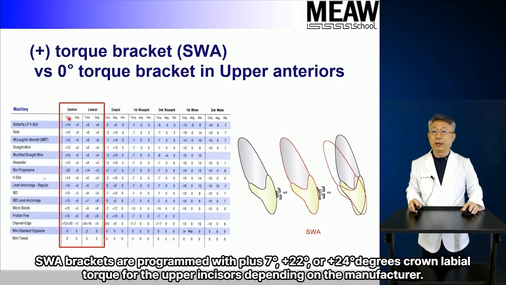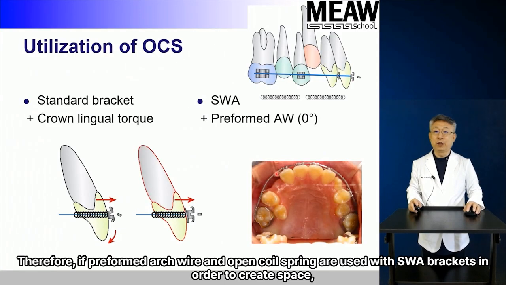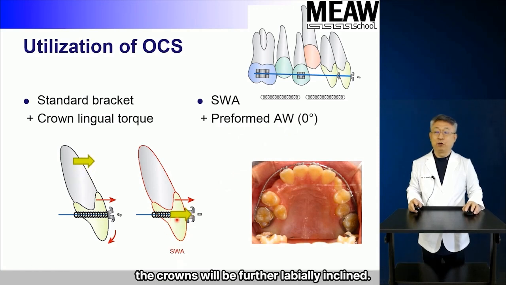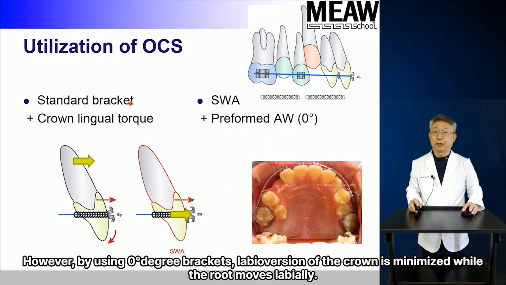SWA brackets are programmed with +7, 22, or 24 degrees crown labial torque for the upper incisors depending on the manufacturer. Therefore, if preformed arch wire and open coil spring are used with SWA brackets in order to create space, the crowns will be further labially inclined. However, by using 0-degree brackets, labioversion of the crown is minimized while the root moves labially.